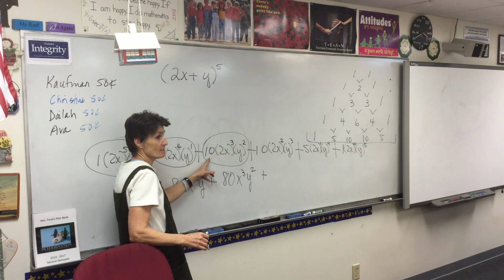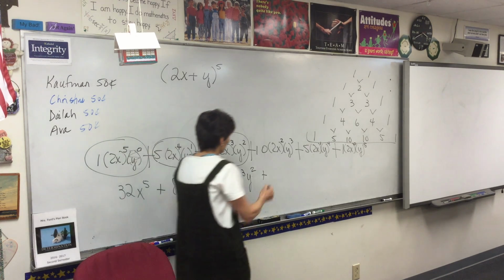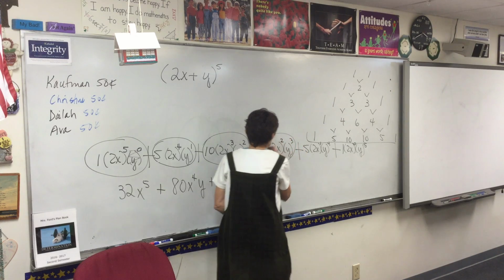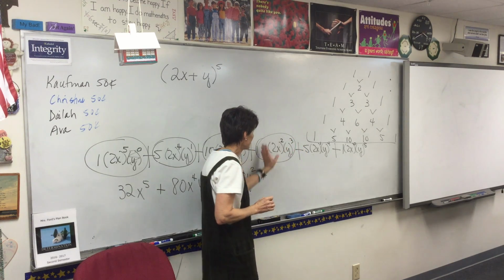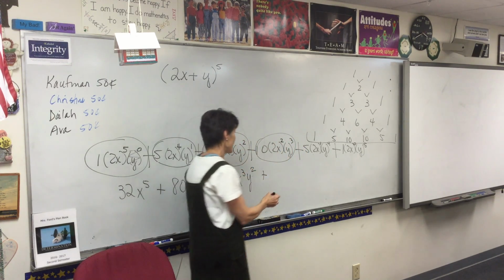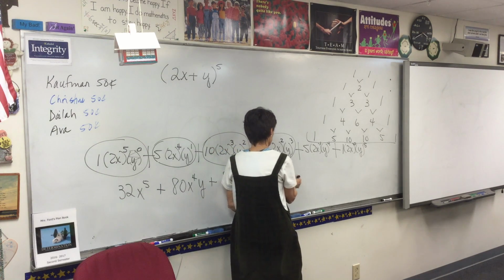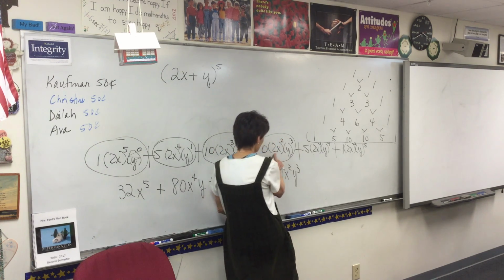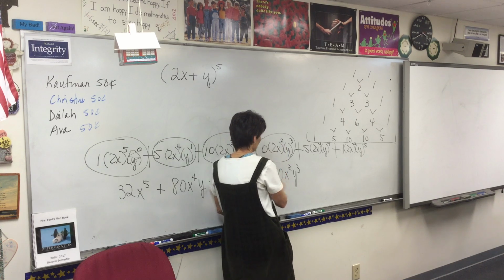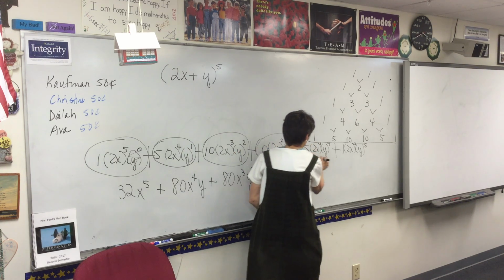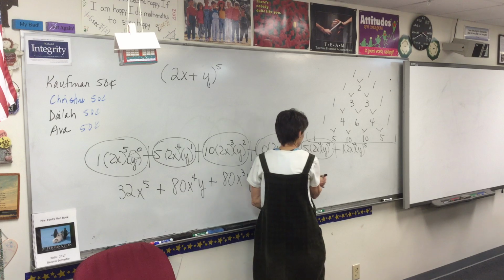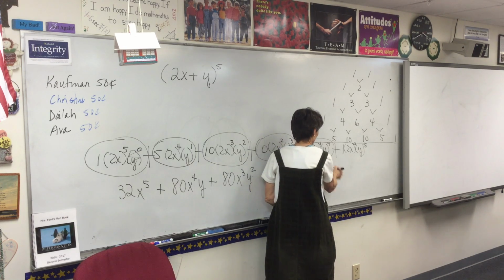Is this making sense? All right, now we got this one. What's this one going to be? 40 x squared y cubed, because that's a 4, 2 squared. That's just a 10, x y to the 4th.